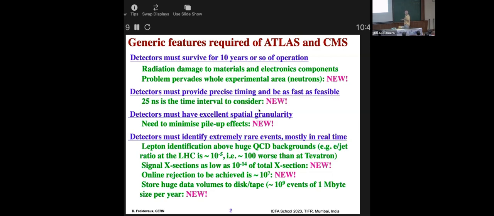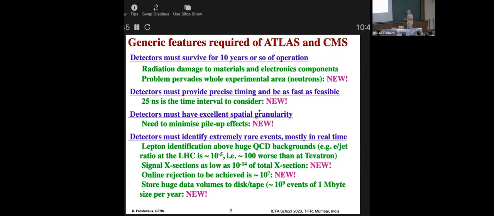The lepton identification, for example: leptons are rare, so they are a source of measurement because they can be measured precisely. We will discuss this a little bit today. I have limited time, so I'll go quickly through some of these things. They have to be found above a huge background from QCD, basically from hadronic jets, which can mimic leptons.